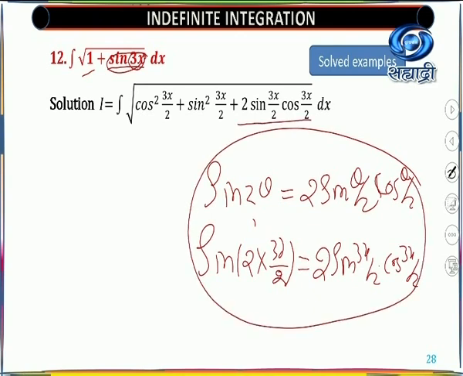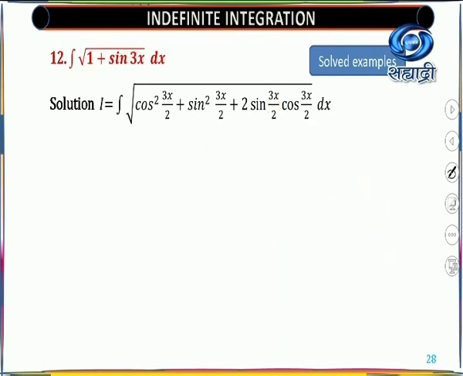Now this is for here. Now 1 is there. If you want to complete the square, you know that whatever angle you are having here, the same angle you will take for the identity. So we get this identity as cos square 3x upon 2 plus sin square 3x upon 2 plus 2 sin 3x by 2 cos 3x by 2 dx. Now we'll start simplifying.